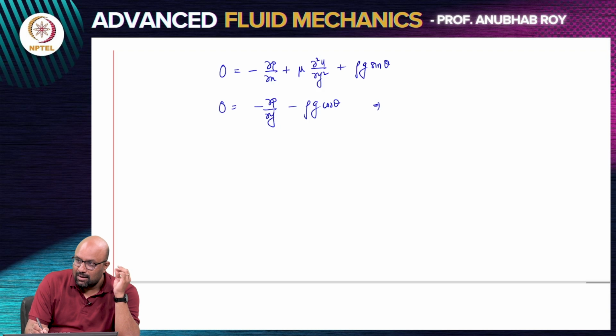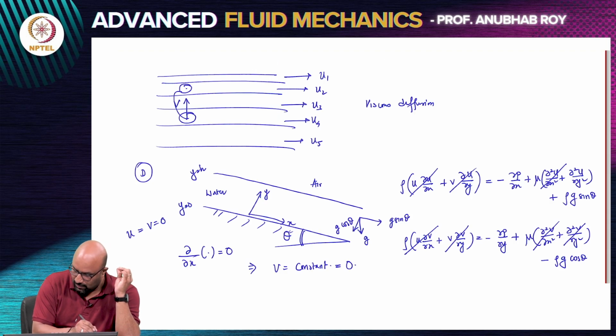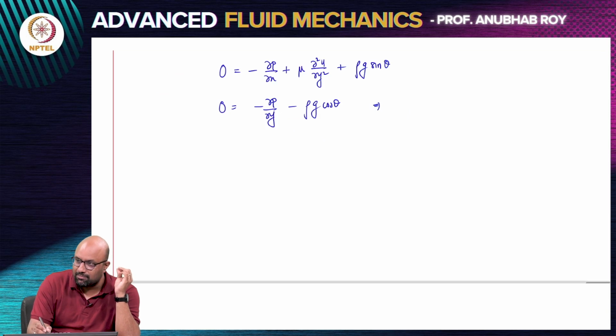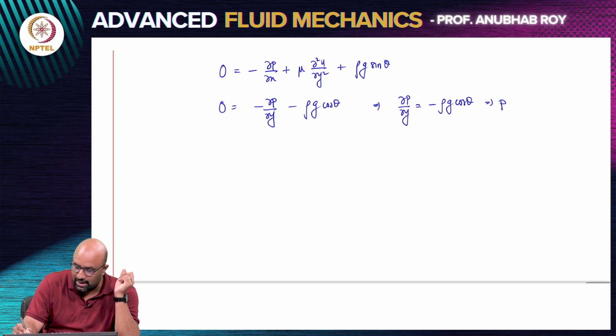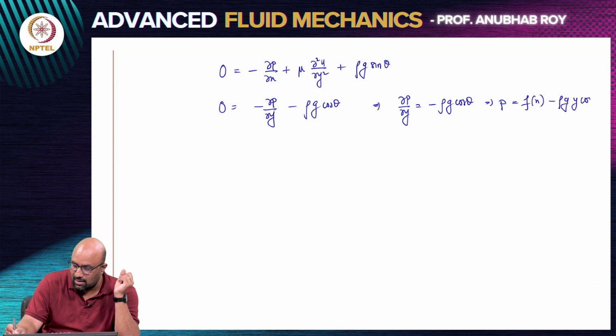This is my fully developed steady state equations. If I now integrate this, I will have dou p dou y is equal to minus rho g cosine theta. On integration, I get p is equal to some function of x minus rho g y cosine theta.